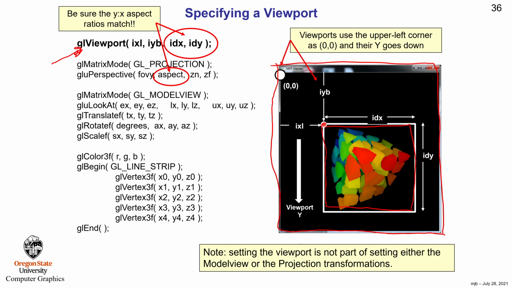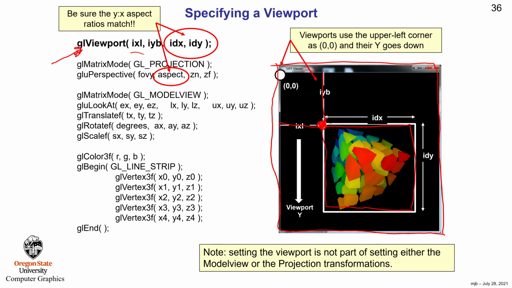What do I do? I call viewport. It's got 4 arguments. The first 2 arguments are, where is this point? Now, most of us think of 0, 0 as being lower left. The viewport call, for some reason, makes 0, 0 the upper left. So we're doing x left, and y comes down from the top. Again, you just get used to it.